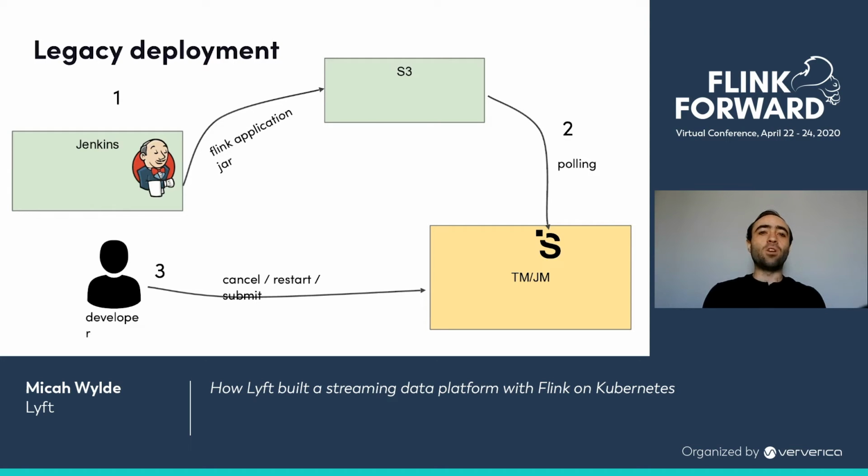Then we'd have salt code on the job manager that would be periodically pulling this new file from S3, and would eventually update the jar on all of our instances. And then the user would have to run a series of bash commands to actually do the update: to cancel the existing job, restart the cluster, and then submit the new job with their new code.